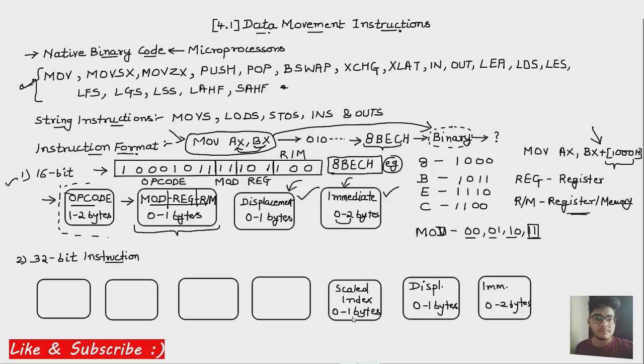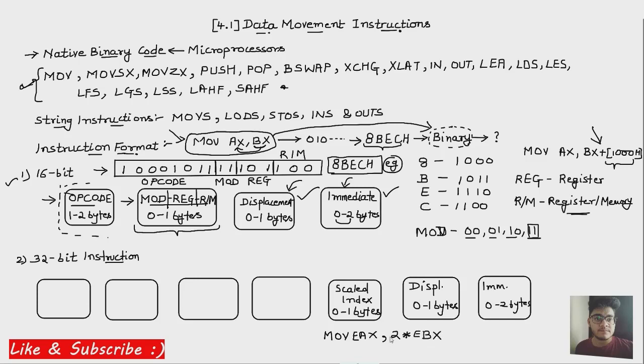Now what is scaled index? Well, let me write an example, right? So let's say we have a 32-bit instruction. For 32-bit we are going to use E, which is EAX extended. So move EAX, and let's say I say scale 2 times EBX, right?